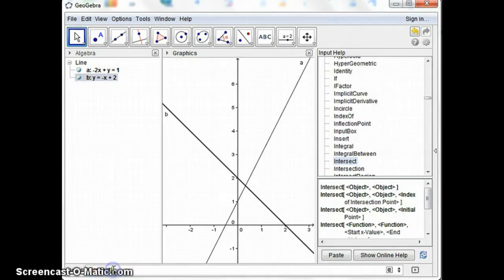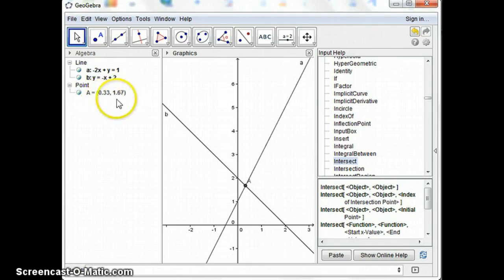We type Intersect(A, B), because the two lines we put in were given labels A and B by the program. Then we press enter, and point A is displayed on our graph, and the coordinates of that point are shown here: 0.33 and 1.67.